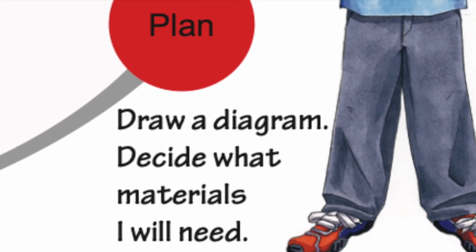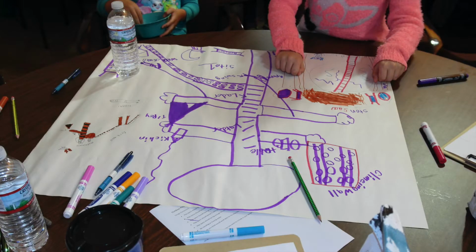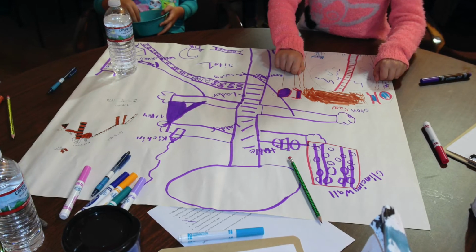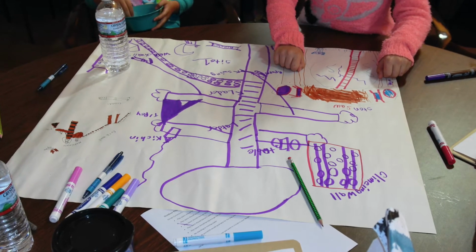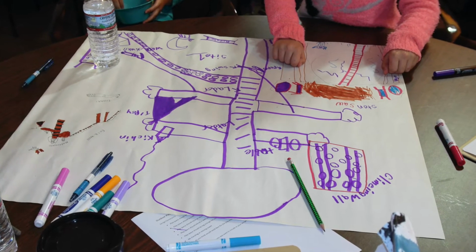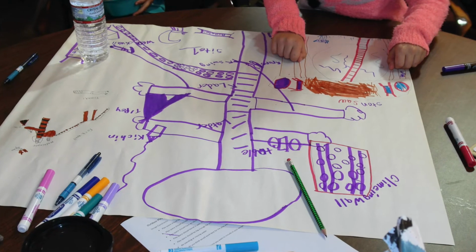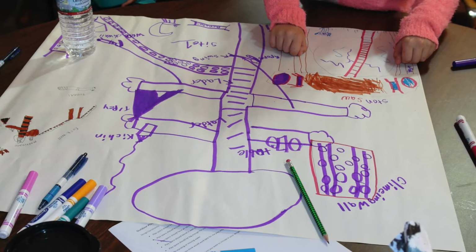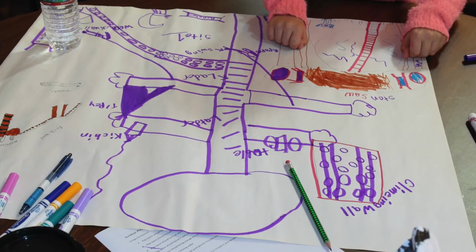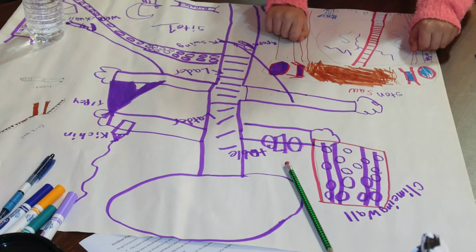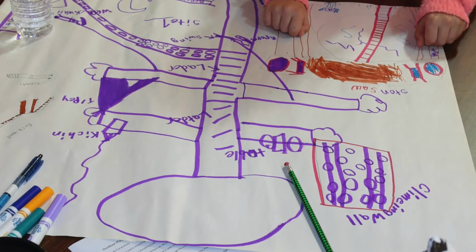If they rush into the building phase too fast, it can be really hard for those to come out as well. And so if you can have them draw a picture, and it could be as simple as, they think it's going to be square shaped, or maybe they want it to have a certain kind of materials. So helping them think through, what is it going to look like? What materials are they going to use? Doing a little bit of that planning before they get to the building stage.